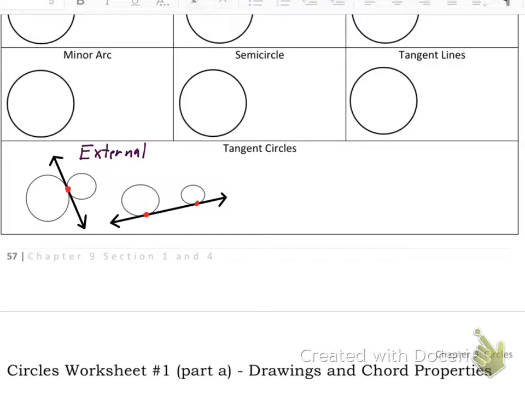The other one is internal. Internal is if I have a circle, and we have another circle inside that circle.